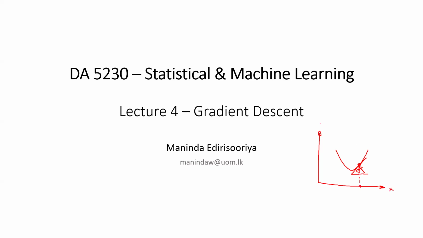So this is x and this is f(x). The differentiation of this curve at the point x1 is the slope of the curve at that particular point. This is basically the differentiation of the curve.